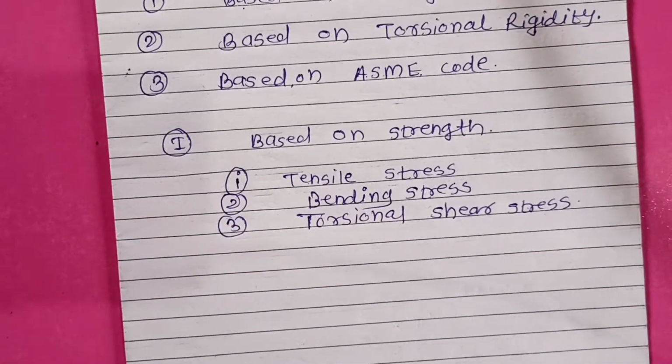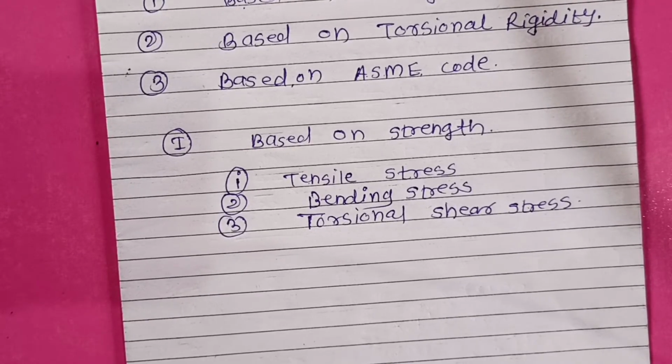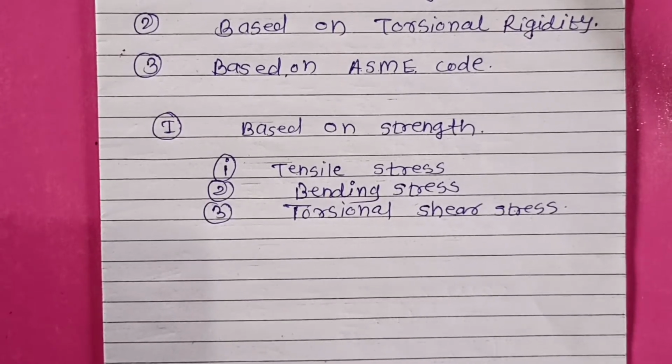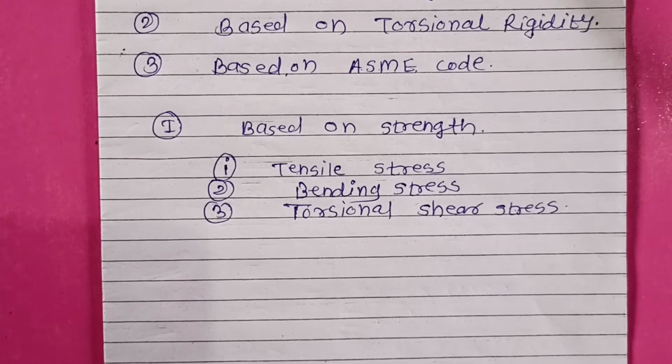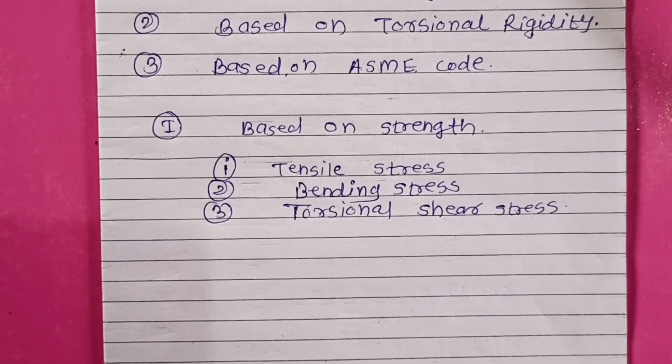Now when the shaft is under working, the load acts in the tensile direction, and the tensile stress is created in the shaft. On the shaft, the bending load acts, and due to this load the bending moment is created, and because of this bending moment, the bending stress acts on the shaft.